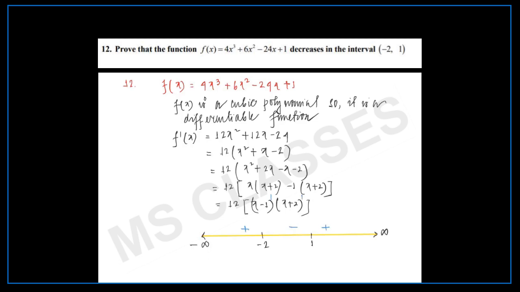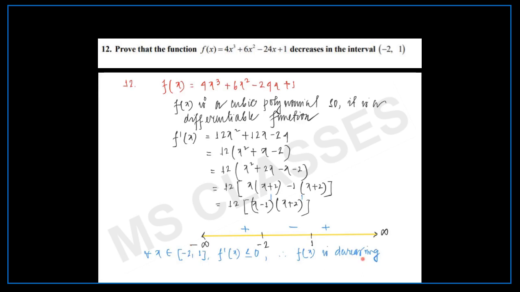Now what we can see is that it is decreasing in the interval from minus 2 to 1. So for all x belonging to (-2, 1), f dash x is less than or equal to 0. Therefore, f(x) is decreasing in this interval. Now, if f(x) is decreasing in this interval, it is definitely decreasing in any subinterval. That means in any subset of this one, f(x) will be decreasing.